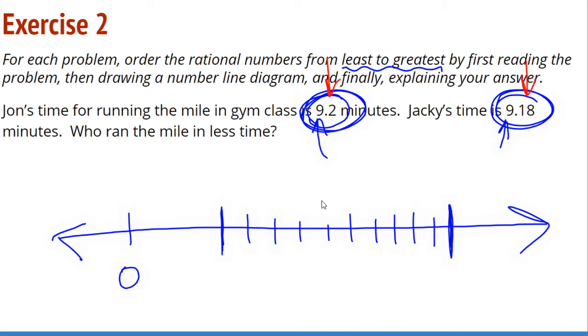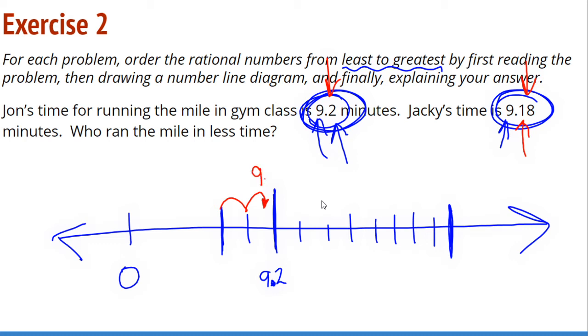Now this one, 9 2/10 minutes, says that I'm right here. Now when I look at Jackie's time, it doesn't have a full 2/10. It's got 1/10 and a little bit more, but not enough to get all the way to 2/10.